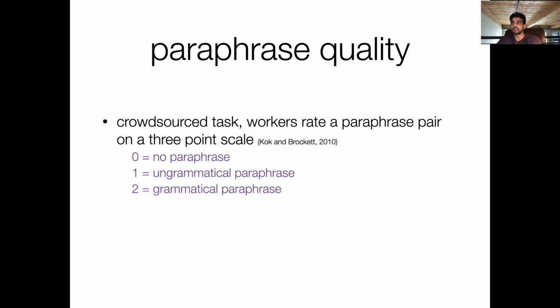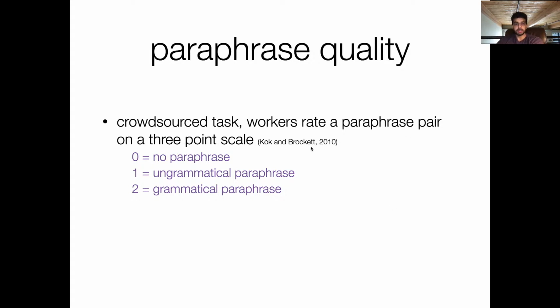But that doesn't necessarily mean that the sentence that you've output is preserving the semantics of the original sentence. So paraphrase is generally evaluated through human evaluations rather than automatic ones.